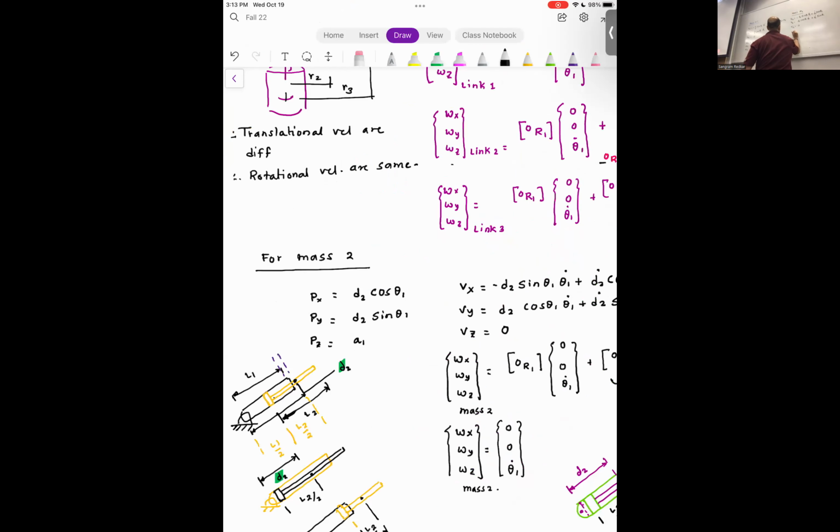Same thing, omega x2 is equal to 0, omega y2 is equal to 0, omega z2 is equal to 0.